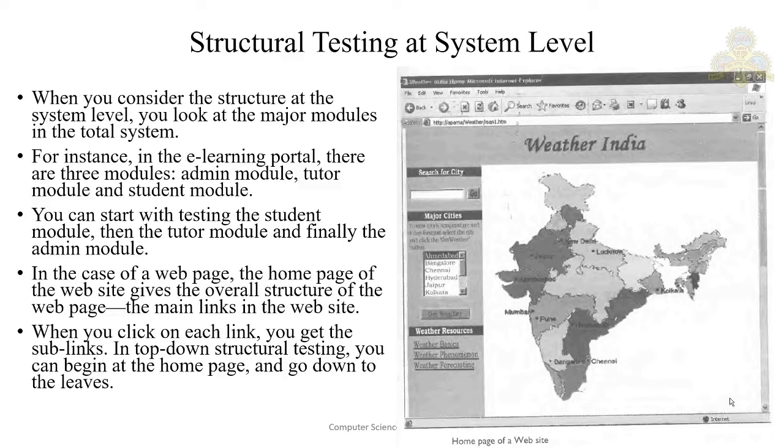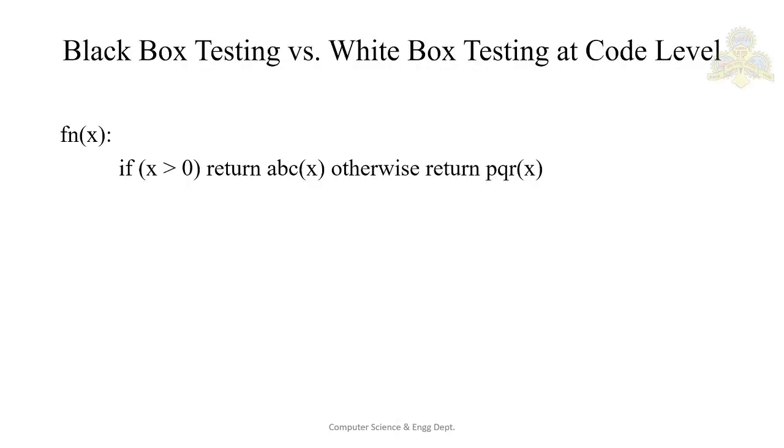Fine. Next, we will talk about black box testing versus white box testing at code level. Both black box testing and white box testing have to be done for every software package. White box testing presents some advantages in detecting defects as well as reducing the testing time and effort.